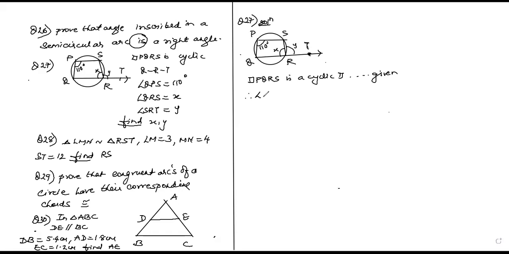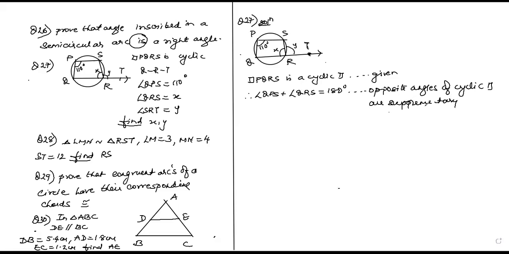Therefore, angle QPS plus angle QRS is equal to 180 degrees. Reason: opposite angles of a cyclic quadrilateral are supplementary.